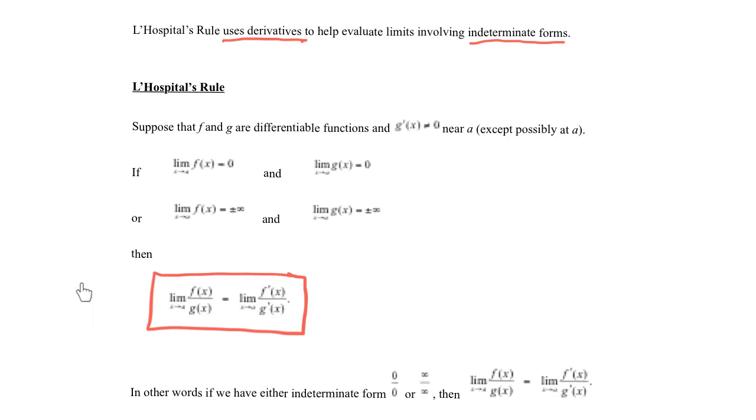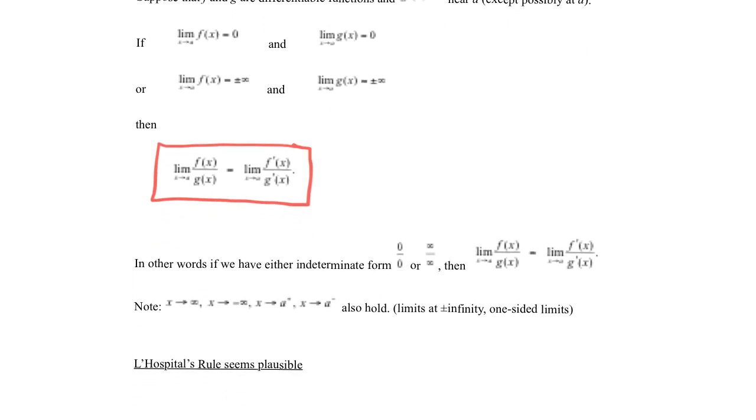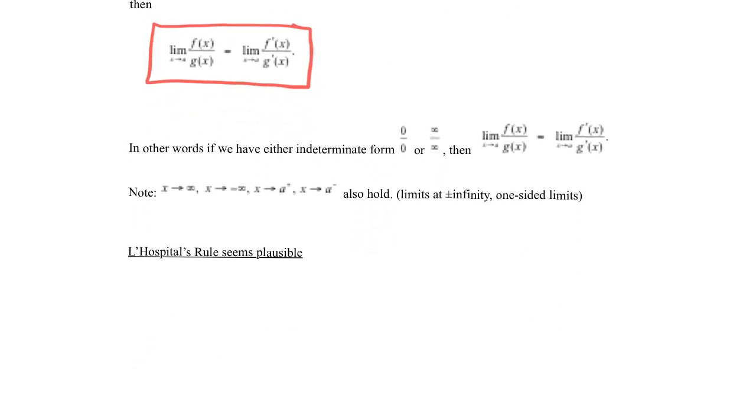So, in other words, if we have either of these indeterminate forms, and this is the key, L'Hopital's rule requires this. One thing that's really important to understand is this: L'Hopital requires one of these forms.